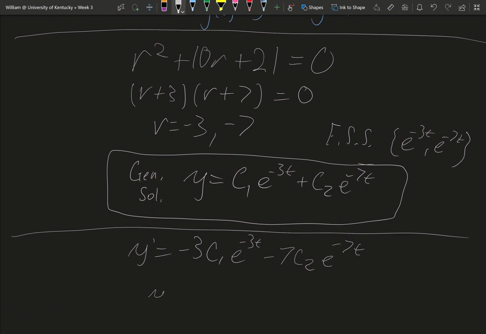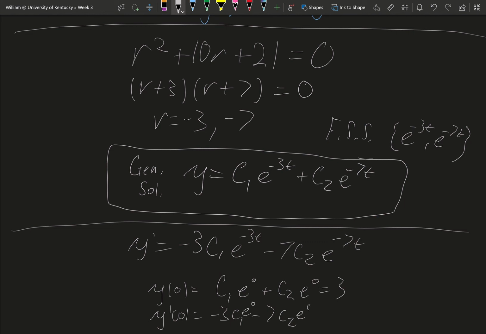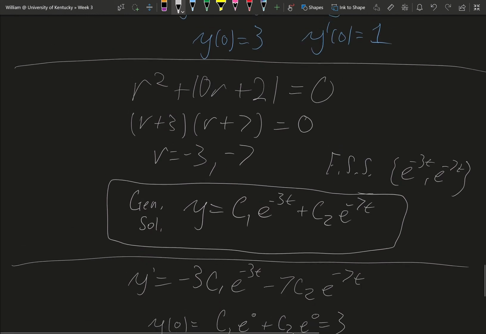So we need y of 0 to be 3, so that tells us that c1 e to the 0 plus c2 e to the 0 equals 3, and y prime of 0, which is negative 3 c1 minus 7 c2 e to the 0, equals 1.